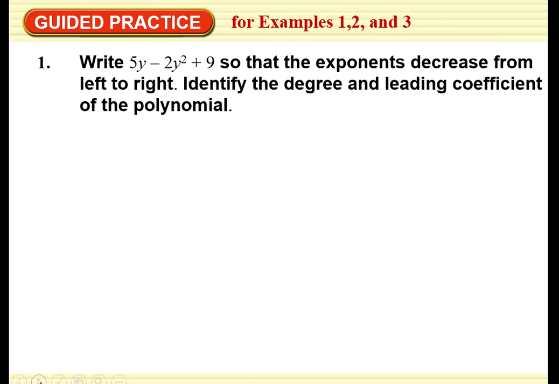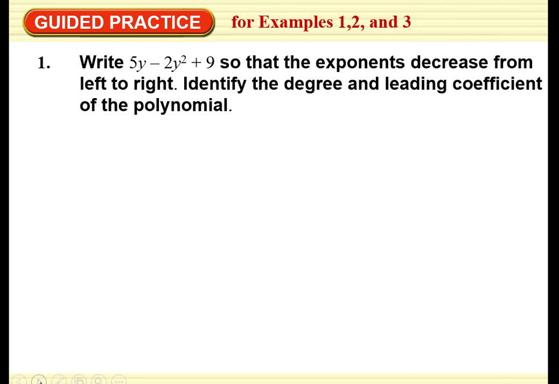Alright, so why don't you go ahead and try this guided practice and see what you get. Write 5y minus 2y squared plus 9 so that the exponents decrease into standard order, left to right, and then identify the degree and leading coefficient.